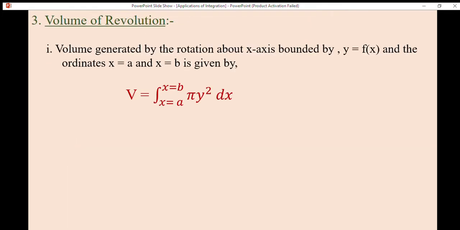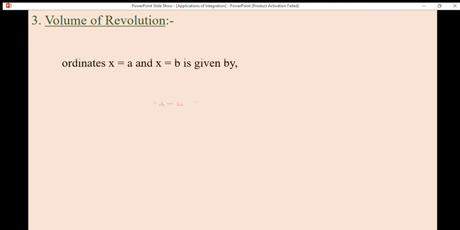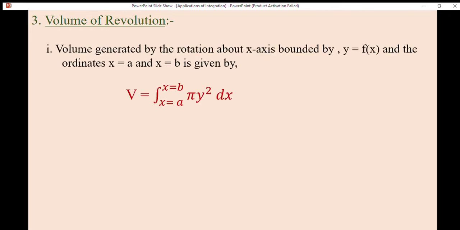To find volume of revolution, there are two possibilities. To find volume generated by the rotation about x-axis, because we have x and y plane, your curve should be in this form, y equal to f(x), because it is along x-axis.